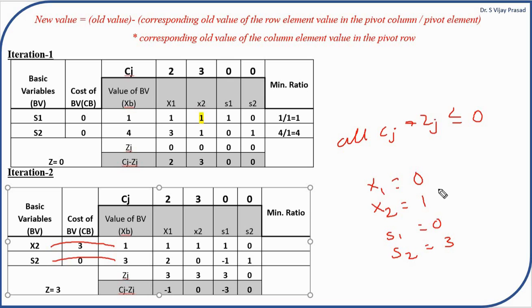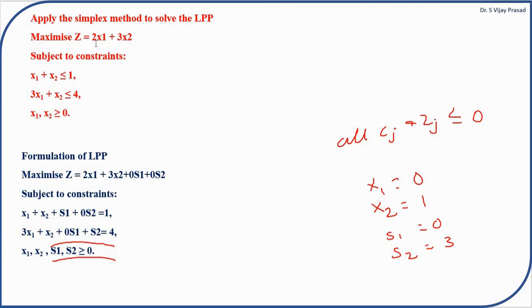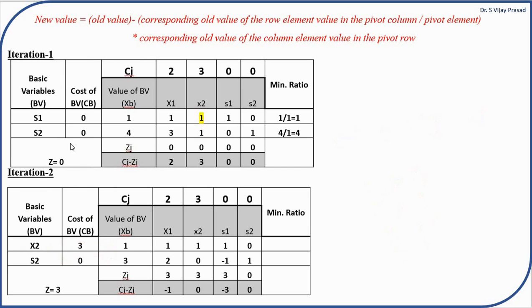Now let us see the objective function once. What is the objective function? The objective function is 2x1 plus 3x2. Now here the value of x2 is 1 and the value of x1 is 0. There is no x1.